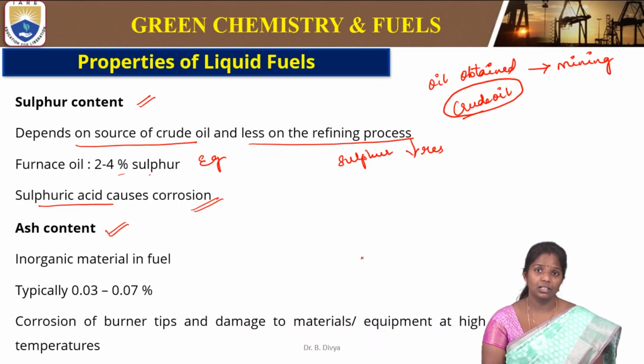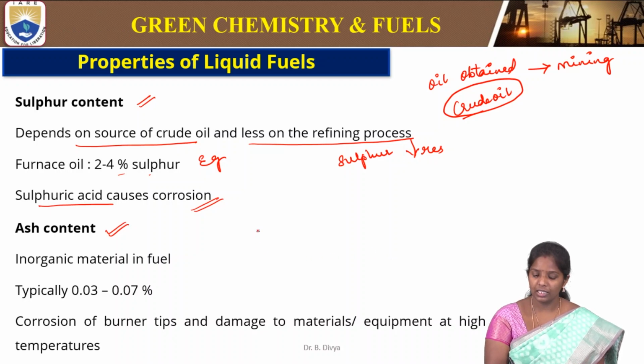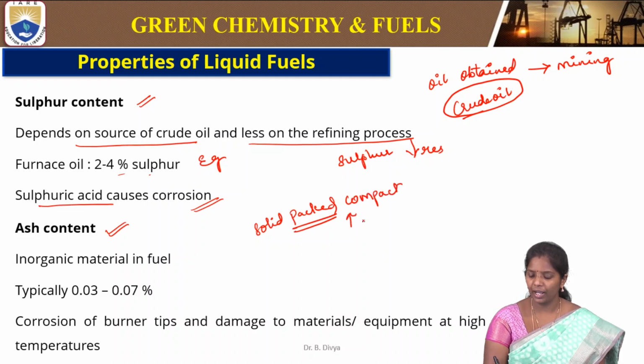Then there is the ash content, which is also very important, as we have seen in the solid fuels. The ash content in solids will be higher. Why? Because solid molecules are packed compactly, so it will have high ash.